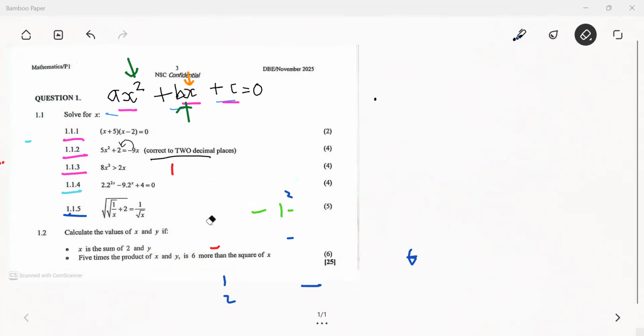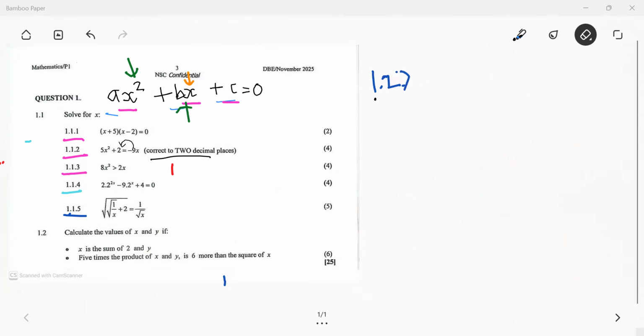All right. So 1.2. Calculate the values of x and y. If, that means x and y at the same time, that's simultaneous equations. Each of those bullet points gives us an equation.